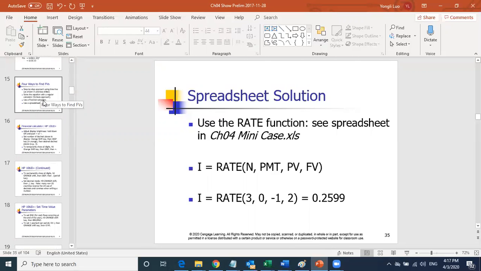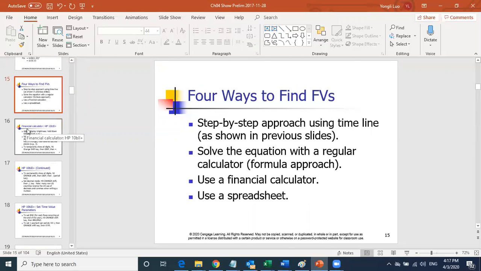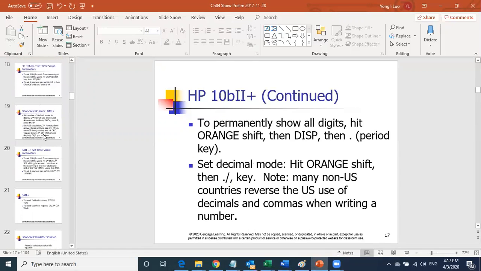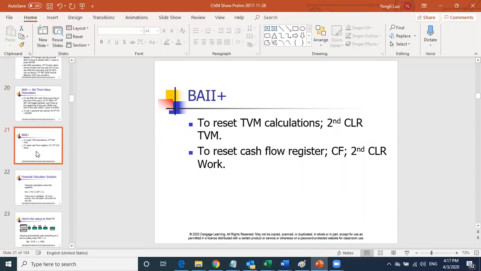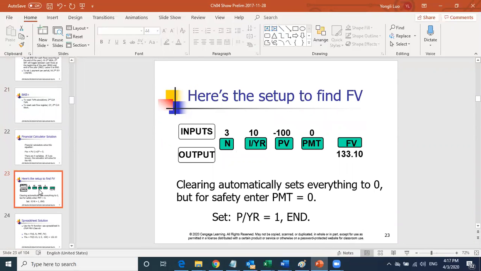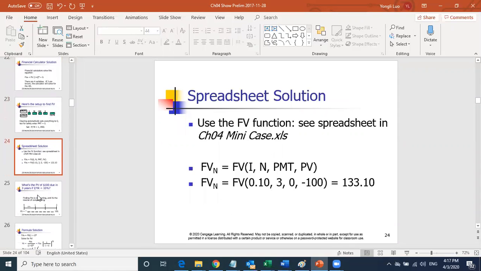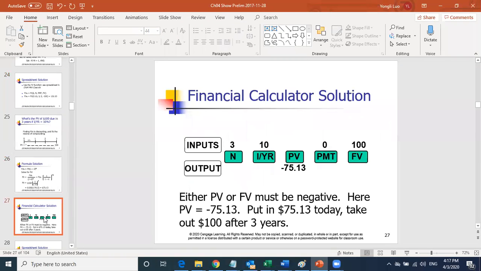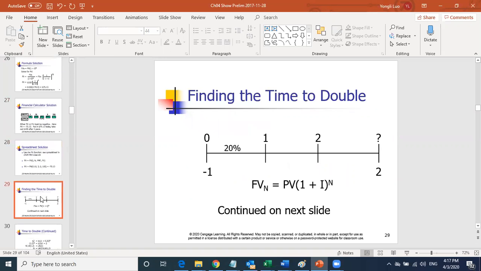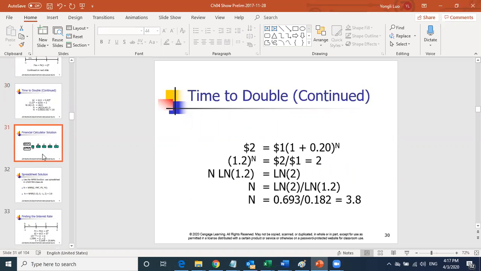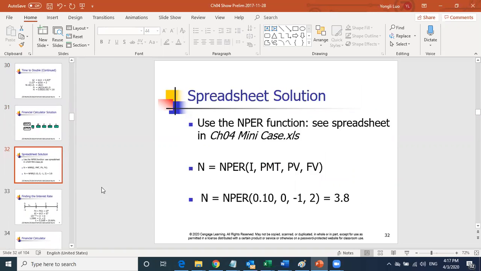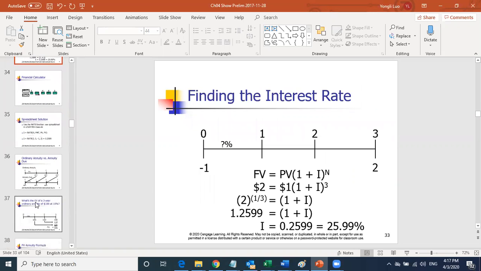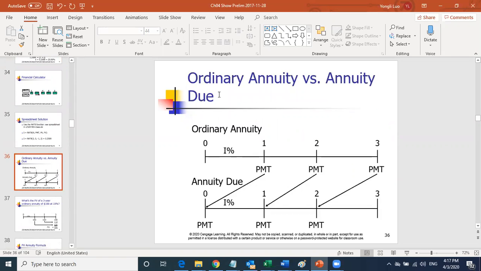A very important thing we talk about is present value and future value. What about the present value and future value of an annuity? We have ordinary annuity and annuity due.